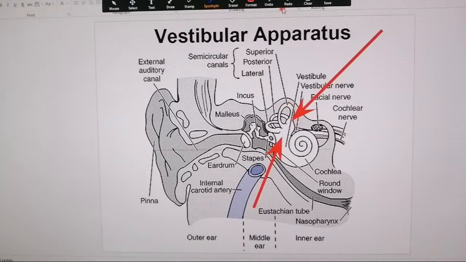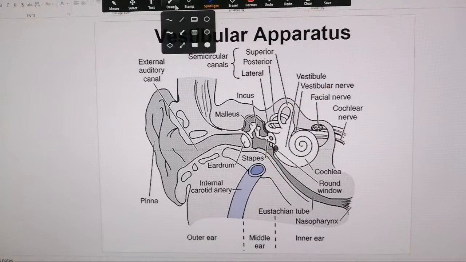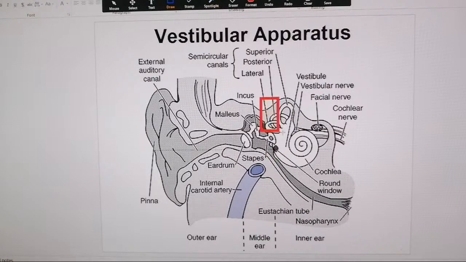To be precise, this is where the vestibular apparatus lies.